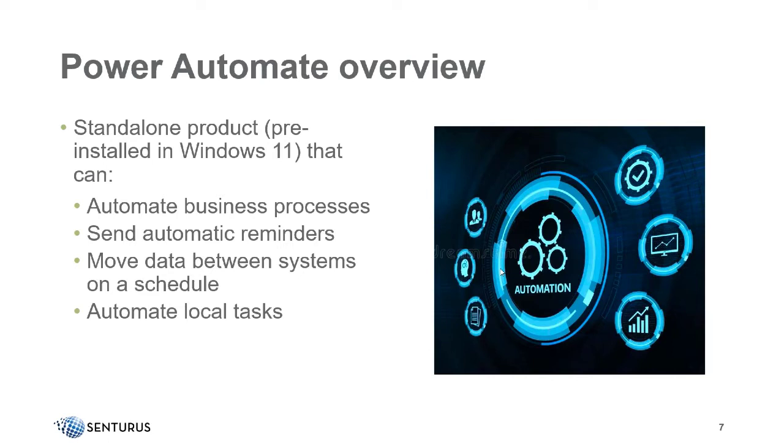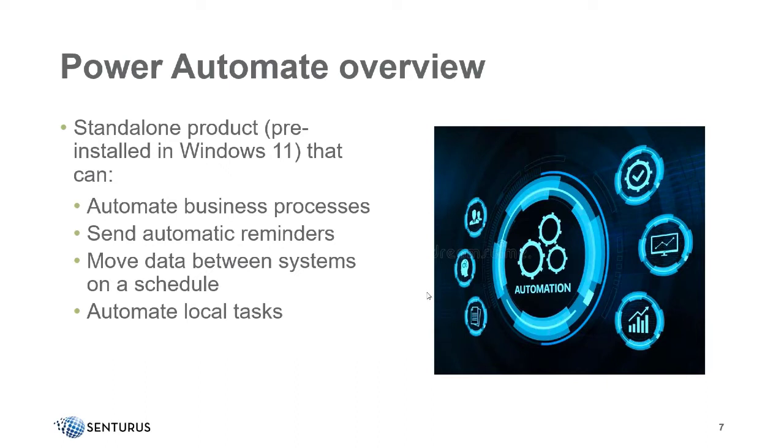You can also use the Office 365 version of Power Automate to do the kinds of things we're going to be doing today. You don't actually have to have the desktop version installed.